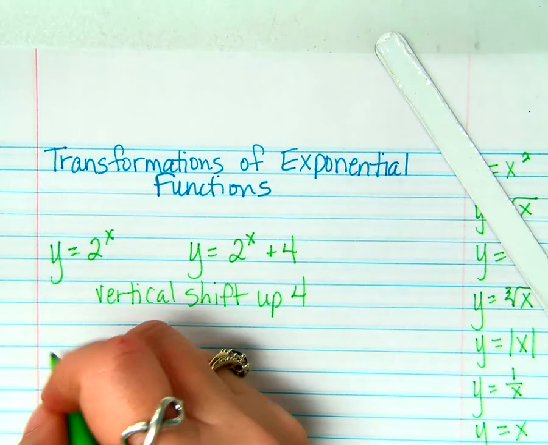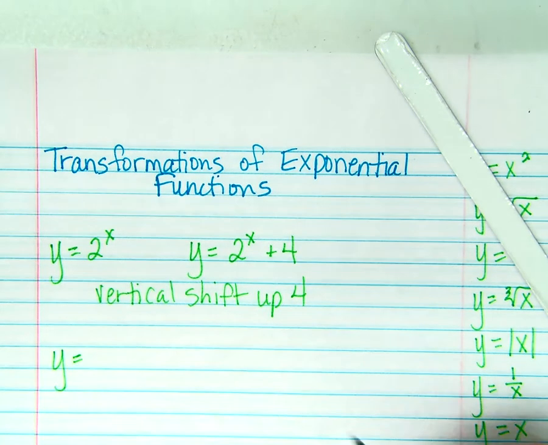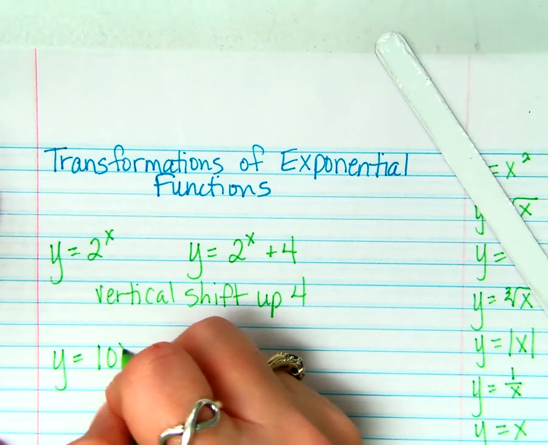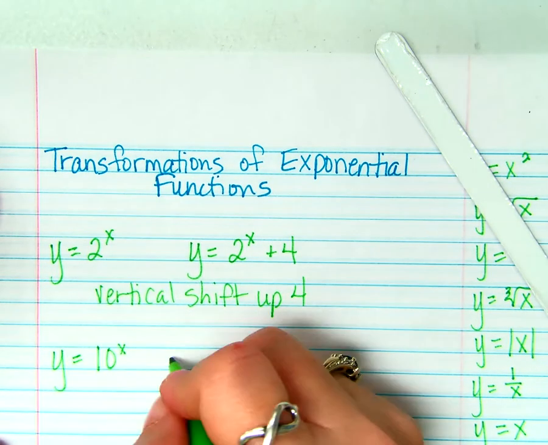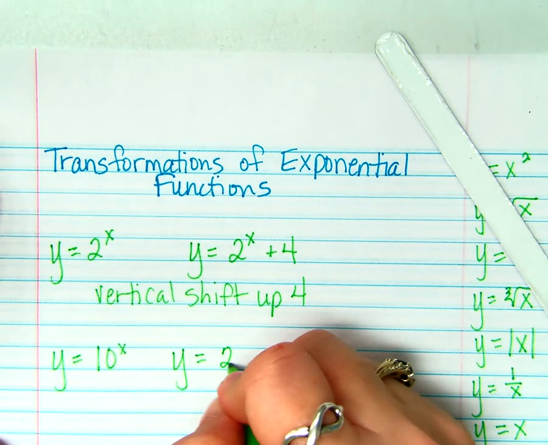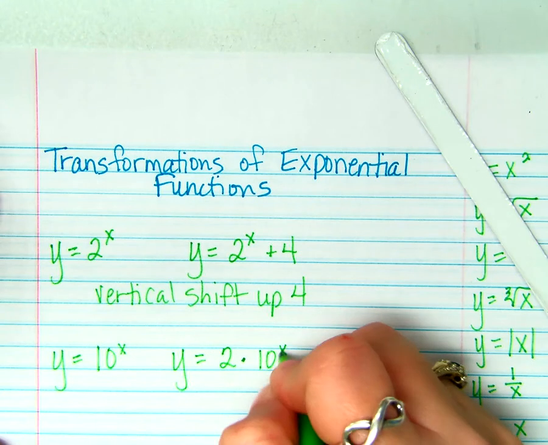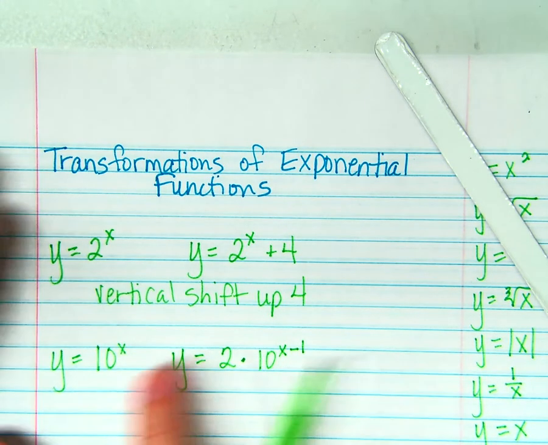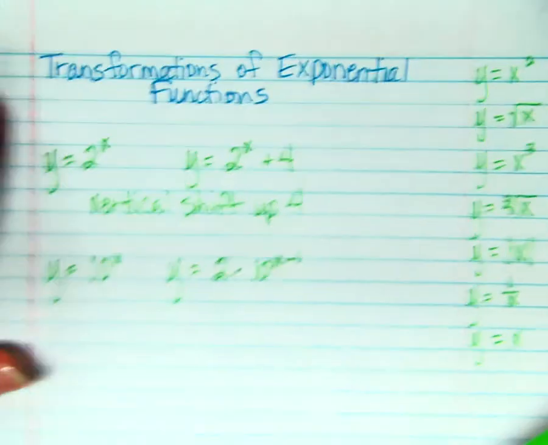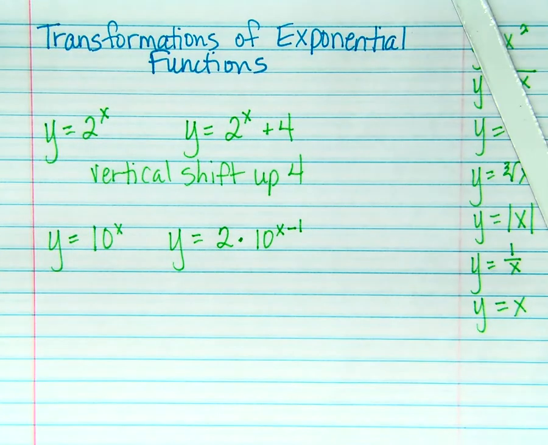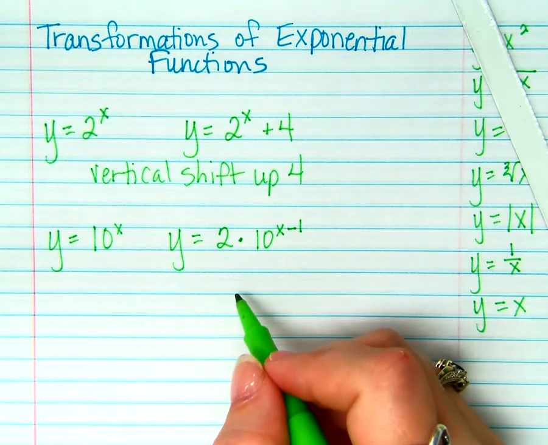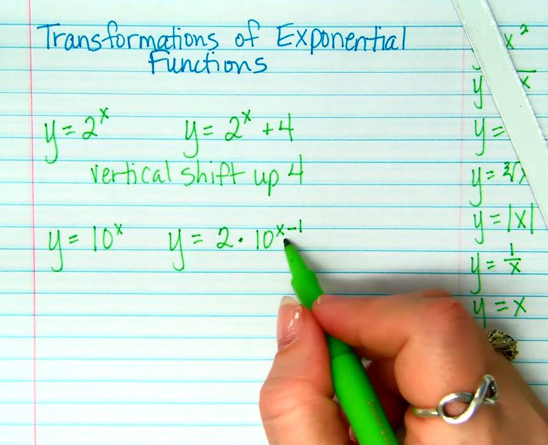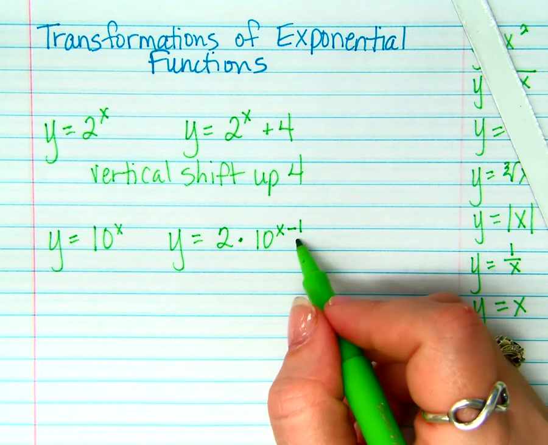Okay? What if we had y equals 10 to the x power, and then I said y equals 2 times 10 to the x minus 1? How does this one change from the original function? So we know it's going to be a horizontal shift.